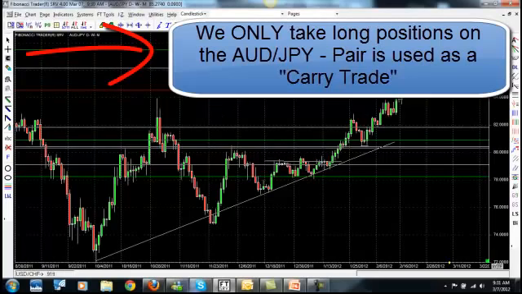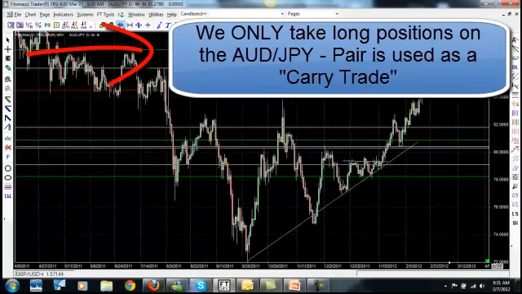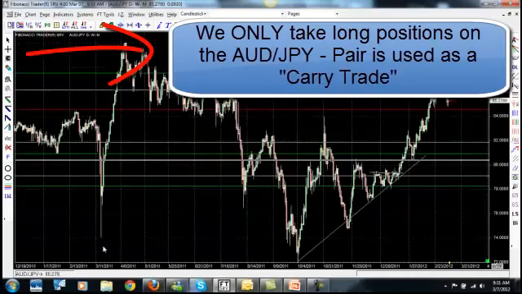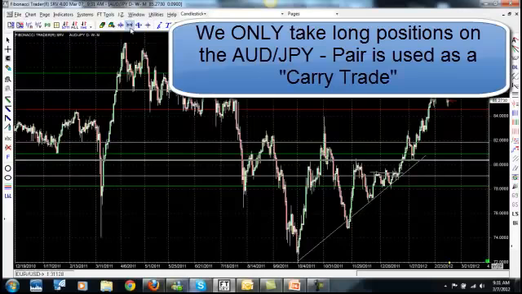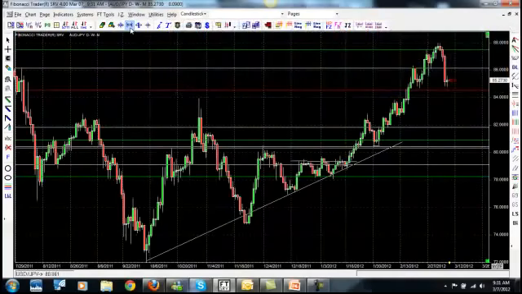And one thing about the Aussie yen, we only take long positions. That means we only buy. Ultimately, this currency pair, and I'll back off these charts, eventually goes through corrections just like anything else, right? But long term, there are what we call overnight interest rate differentials that many Forex brokers pay. When we buy this pair, we're buying Aussie dollars and selling yen.